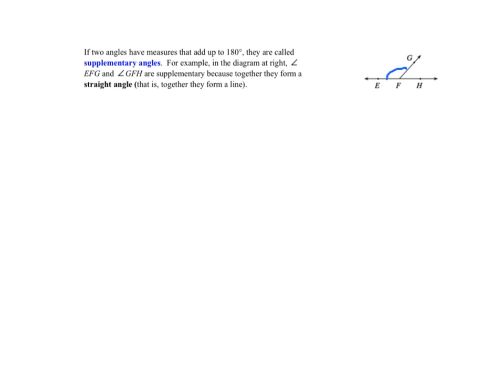And together, that angle with angle GFH, which is this acute angle, together they make a straight line. They would form the angle that goes through E, F, and H.